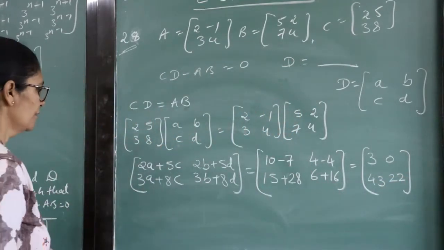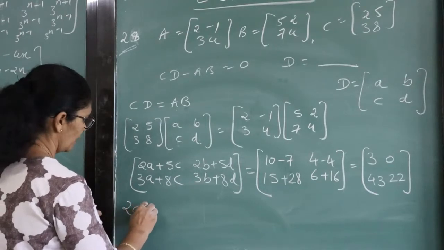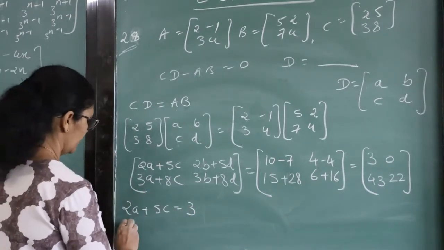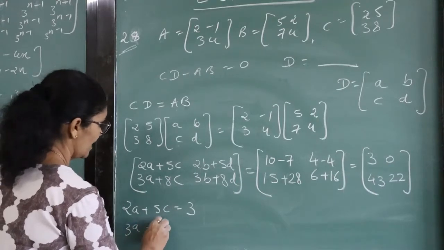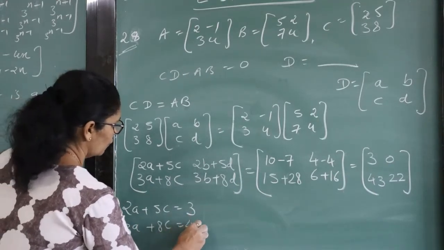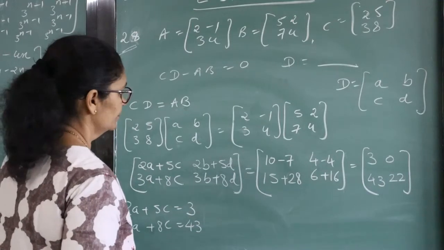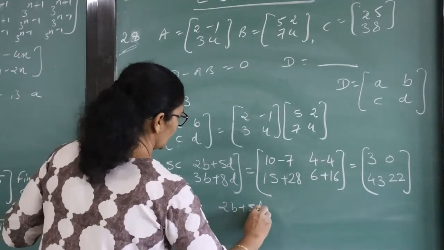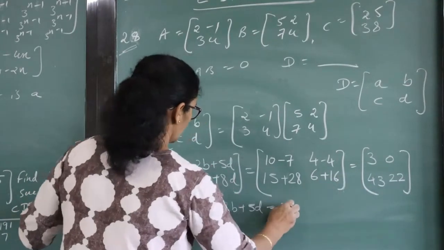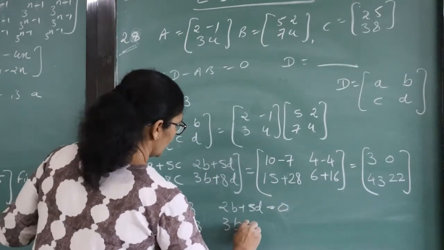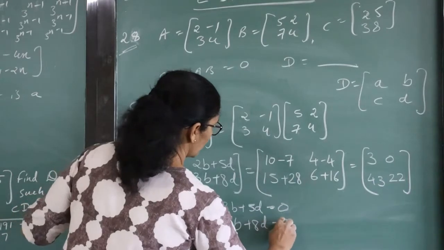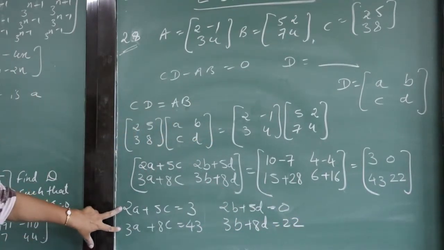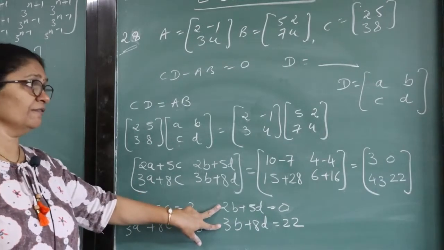Now check the first relation, what you get? 2a plus 5c equal to 3. Second, 3a plus 8c equal to 43. 2b plus 5d equal to 0. And last, 3b plus 8d equal to 22. Now what to do? Elimination of these two, elimination of these two.